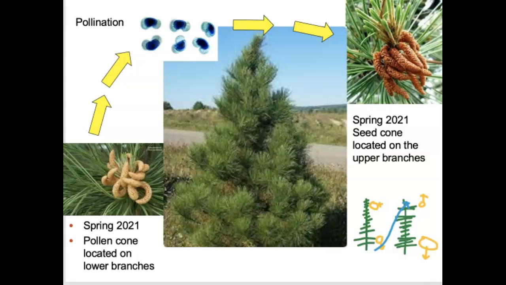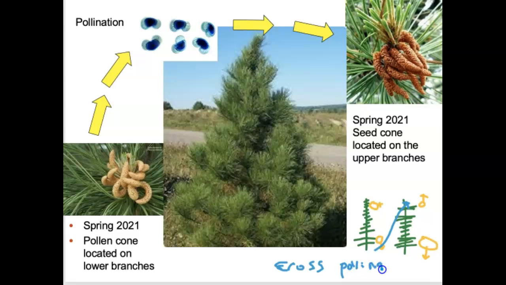You decrease the chance of self-fertilization. You're increasing the likelihood of cross pollination. You don't want to pollinate yourself.